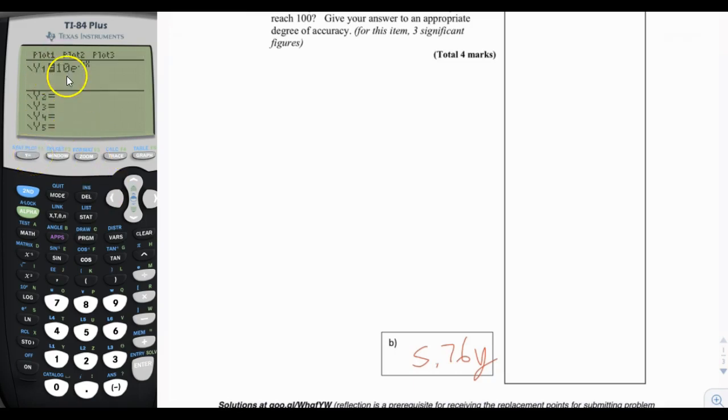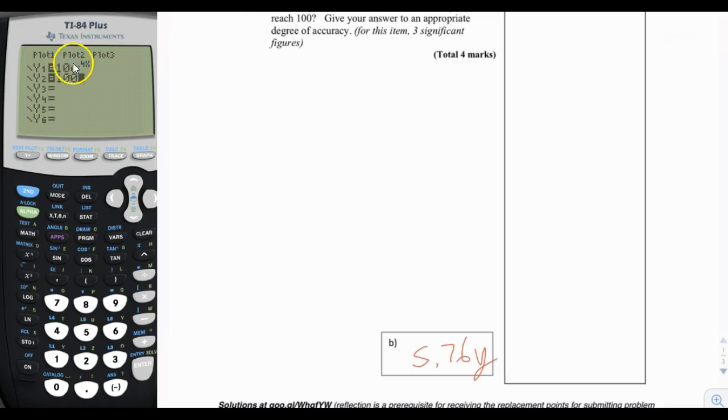Okay? And let me show you one other way to do this. We could go up to the y equals function input, and we can put in a second function, which would be 100, y equals 100. So basically this is going to be a horizontal line at y equals 100. This is going to be an exponential function which is increasing and will eventually cross 100.